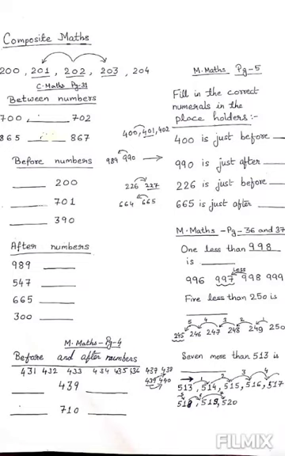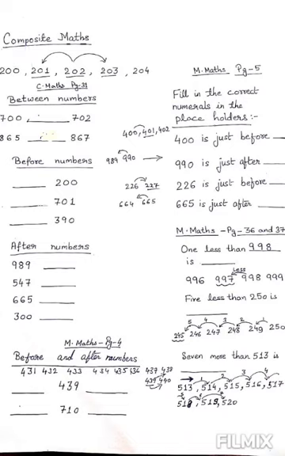So let us begin. In the first line I have mentioned 200, 201, 202, 203, 204. Suppose I take the number 202 and I ask you, children, which number comes just before 202? Will you see the number on the right hand side or on the left hand side?